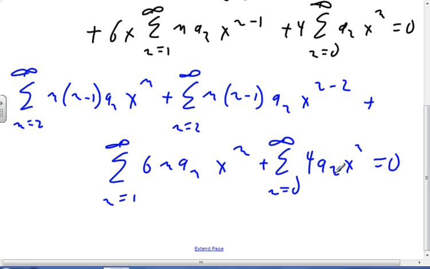Okay, well, I want to get everything x to the n, so I'm going to do a substitution in this one. n equals n plus 2.